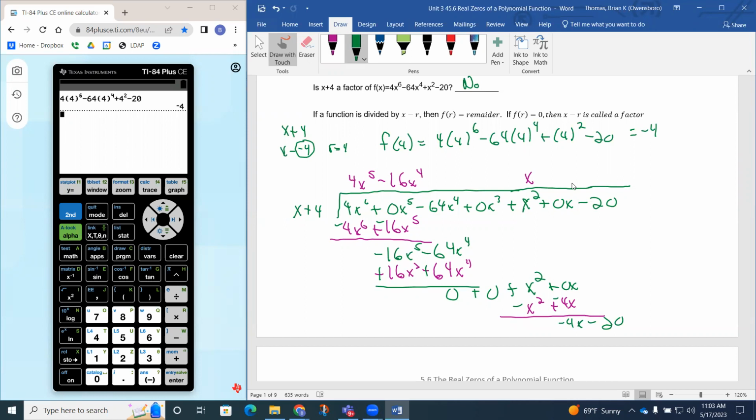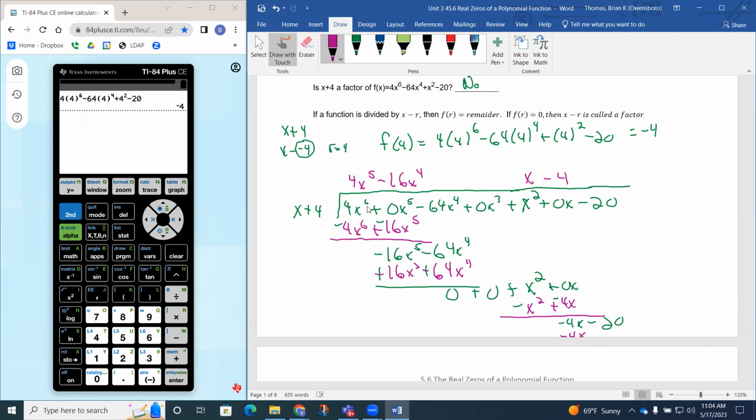So we do have this spot here. What times x gives me negative 4x? Well, I'm going to need a positive 4 there. So actually a negative 4, sorry. Negative 4 times x is negative 4x.